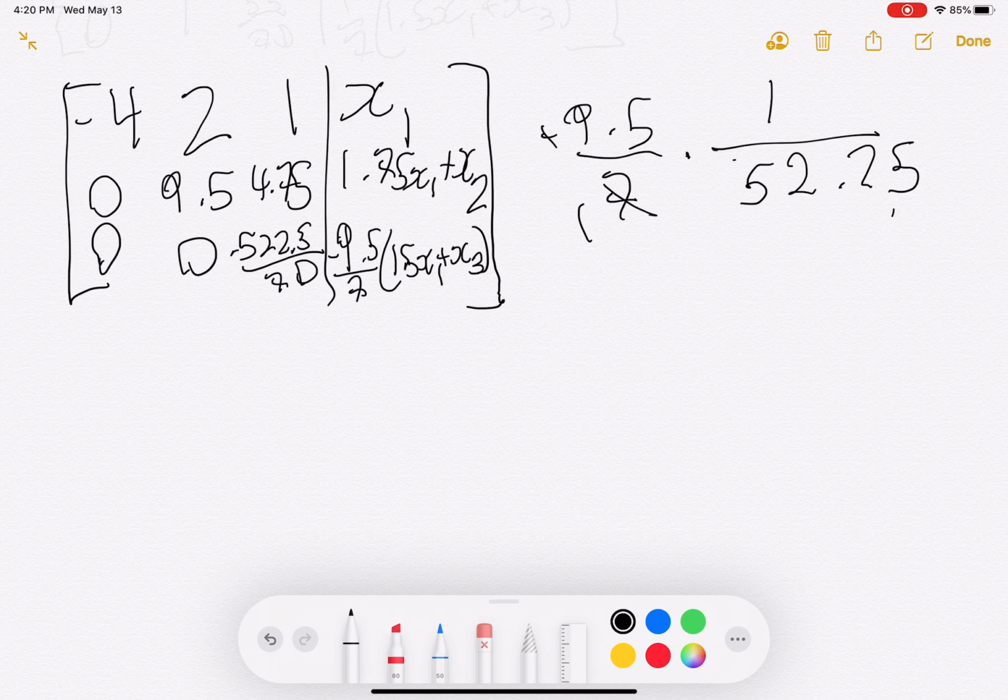The negatives cancel out, obviously. So we don't have to worry about this. Just have to worry about that. So it's just positive 9.5 over 52. And then we can actually just multiply both the top and bottom by. So this is our result.